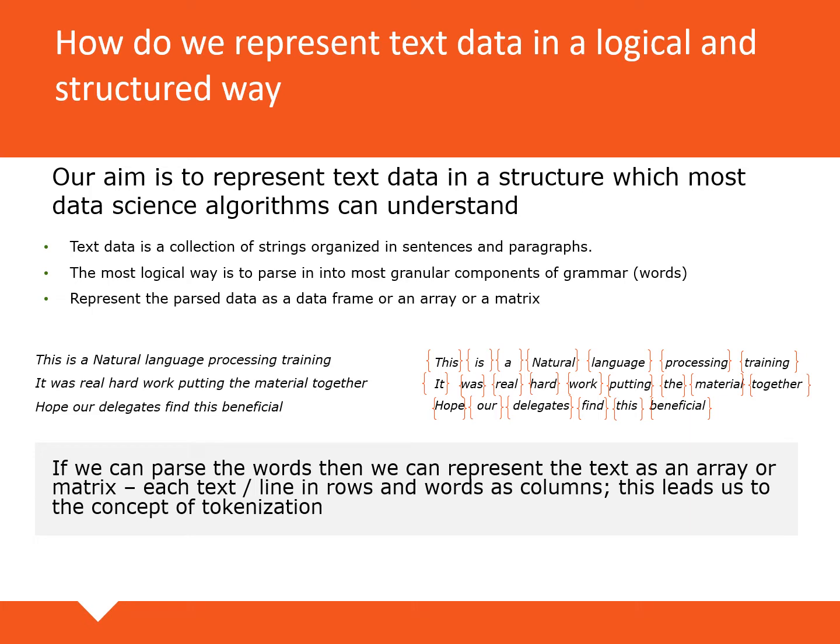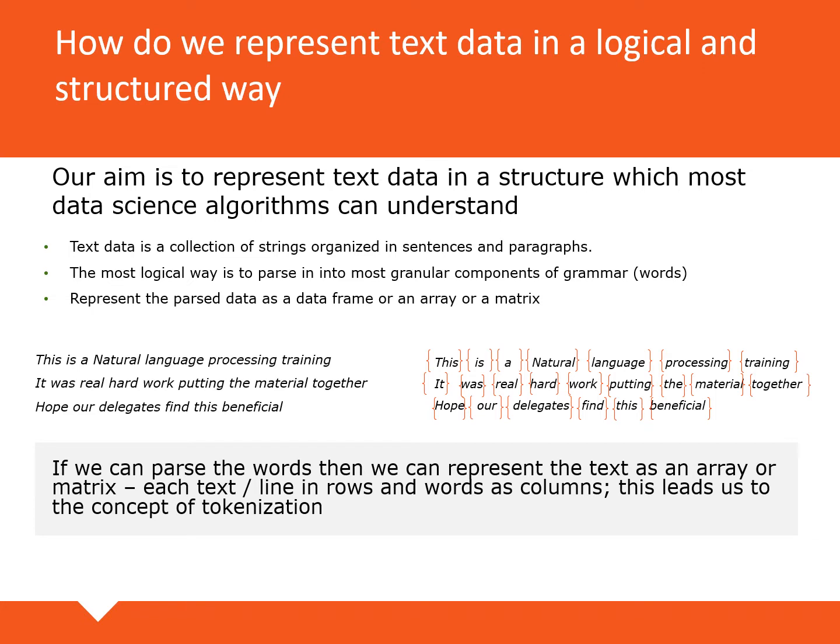Now, if I ask a question in a slightly different way, what is the most fundamental or the most basic component of text? The answer can be alphabet, right? But then if I say, what is the most fundamental meaningful component of text, the answer perhaps would be words, phrases, or even sentences, because alphabets stand alone, they don't carry any meaning.